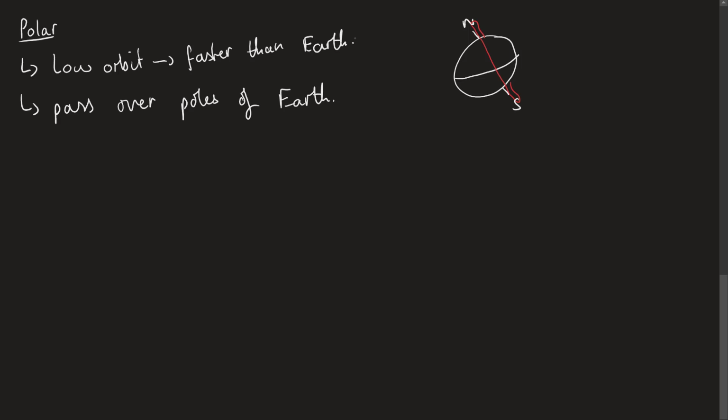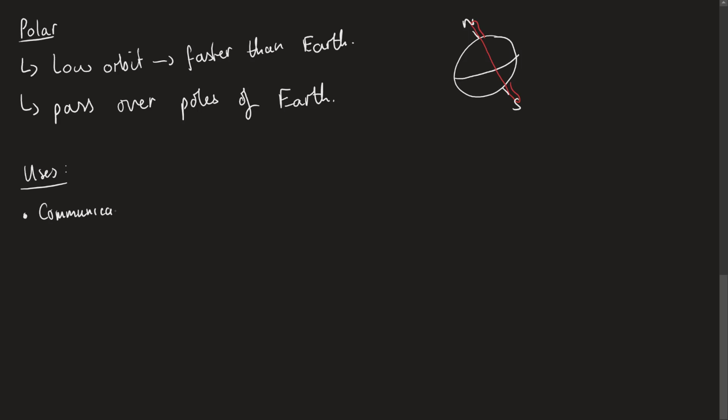Okay. Now this is also going to be used for same sort of things. I will say polar orbits don't come up in questions as much, but it is good for you to know that there are more types of orbit and just get a general idea of what a polar orbit is. So it can still be used for communication.